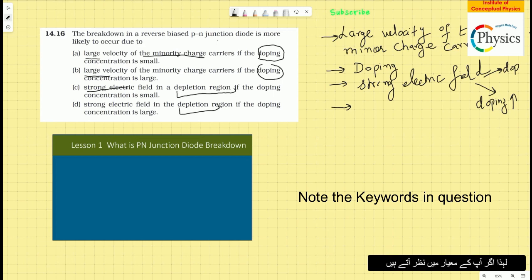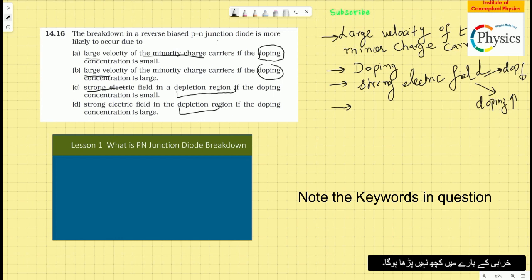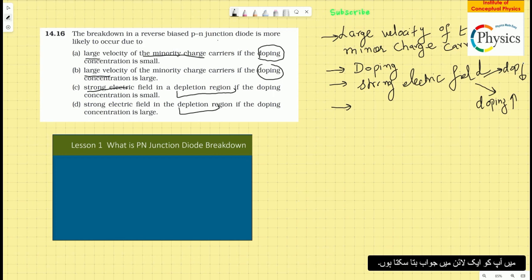If you look into the quality of the question, you will get completely puzzled because you would not have read anything about breakdown. So today my job is to demystify this. I can tell you the answer in one line, but I will not tell you the answer.